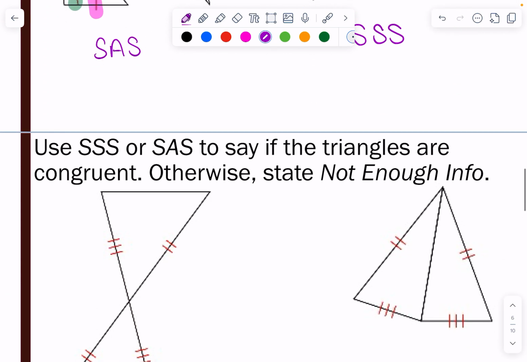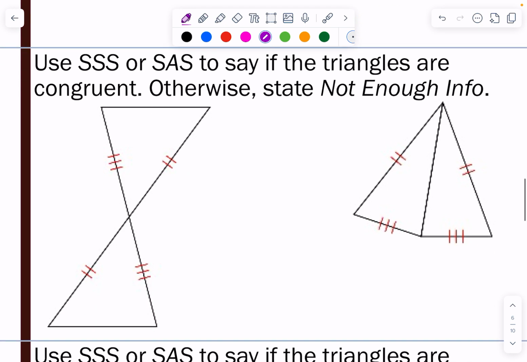Okay, let's try the next set. So, do I have a pair that is congruent? Yes, I have one of my correspondings. Do I have a second one? Yes. But if you think of these two rules, I need either a third side or an angle between them. Well, is it possible to get an angle between those two sides?